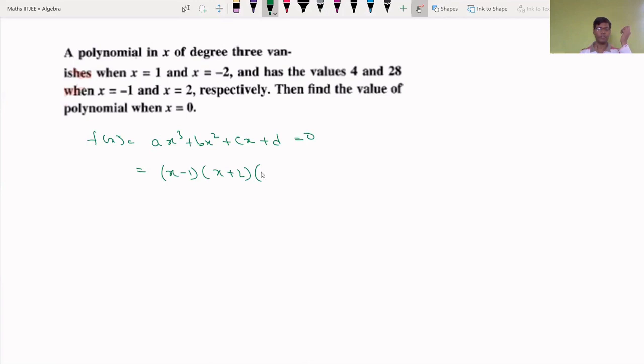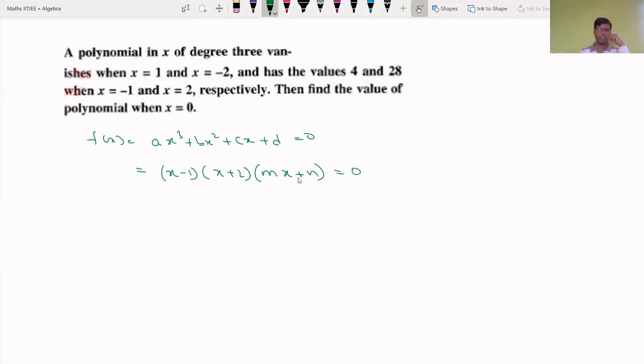Okay, so that root, let me take it as mx plus n. So this is the factor which I'm taking, and this particular cubic polynomial I'm writing in this form. M and n are unknown to me.